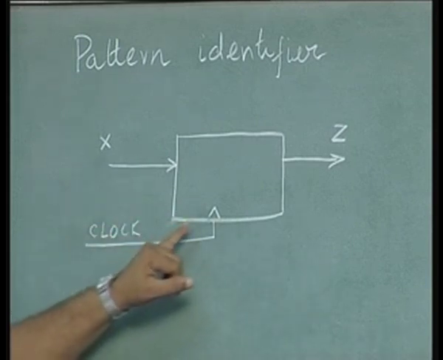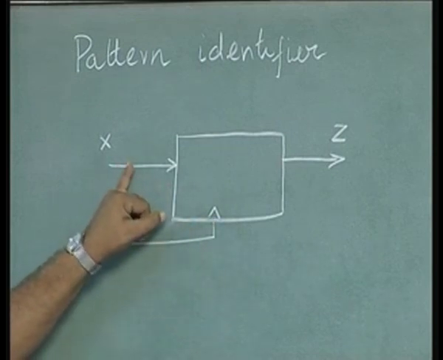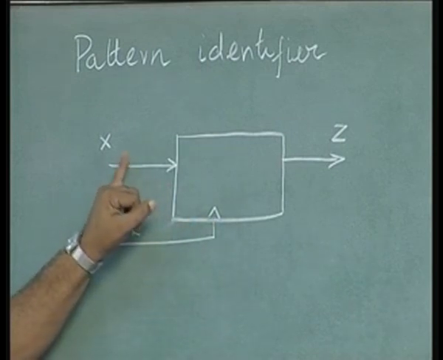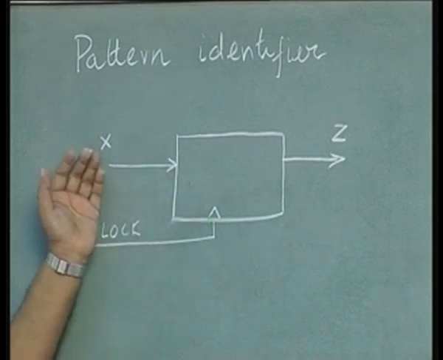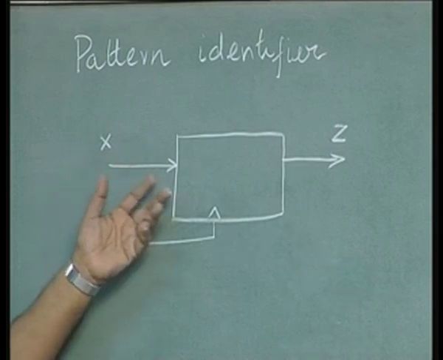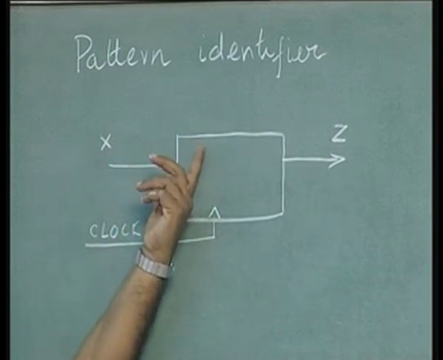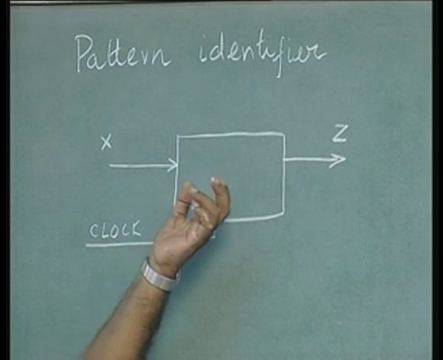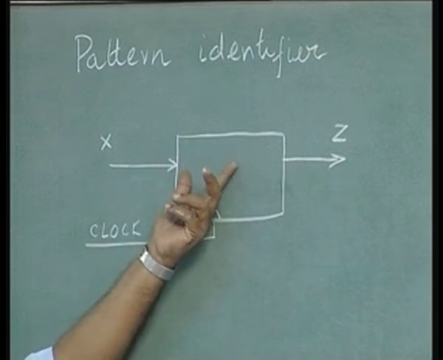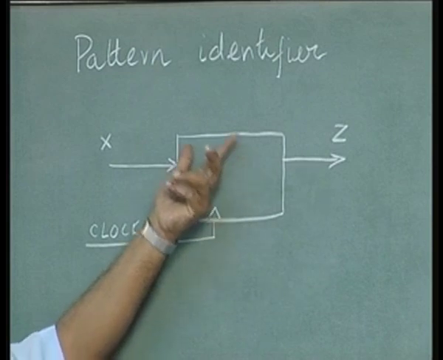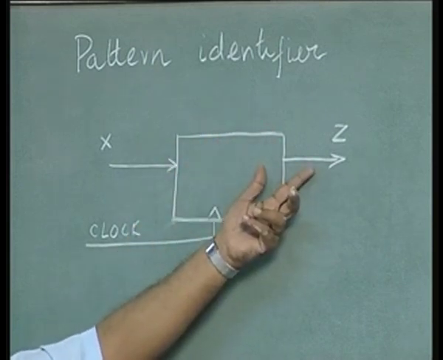So, for every positive edge of the clock, one bit of X will be the input to the circuit, and as the inputs occur, there must be some mechanism inside to get those inputs stored, and then when the particular pattern occurs, that pattern will be matched and then output will be set.